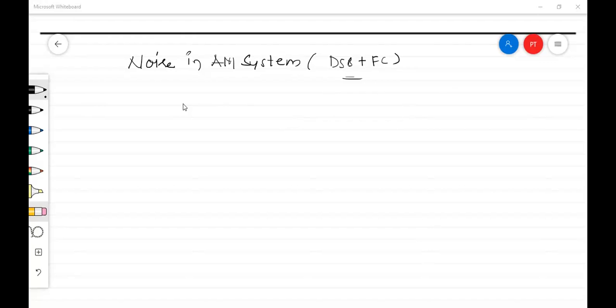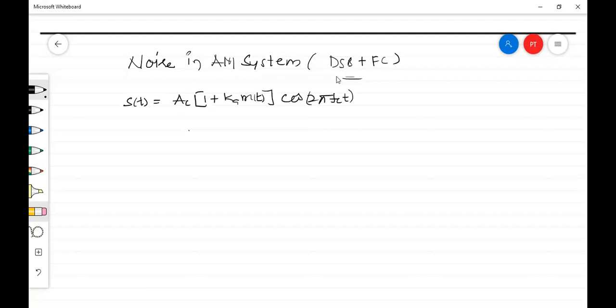So let us start with the transmitted signal S of t. Transmitted signal S of t equal to AC into 1 plus Ka into m of t into cos 2 pi fct.